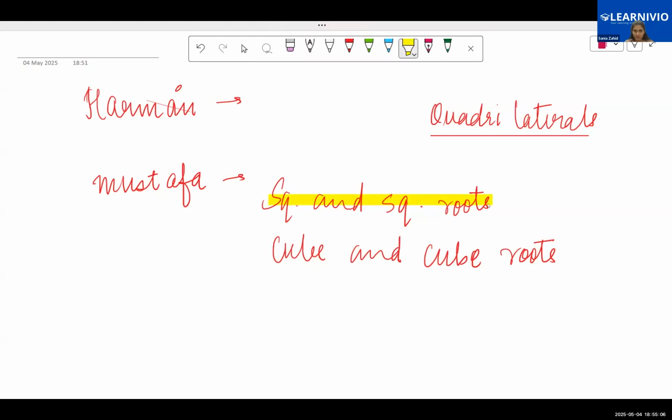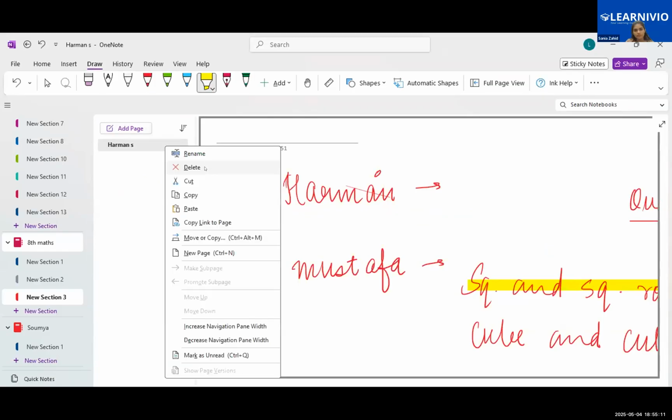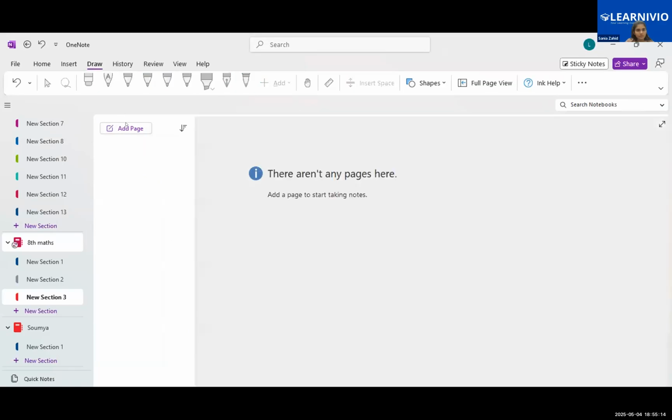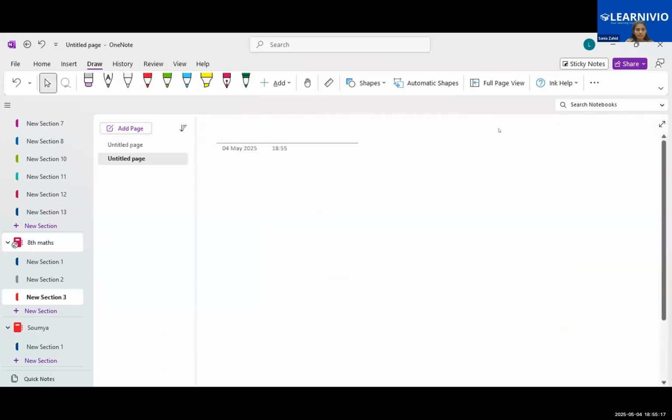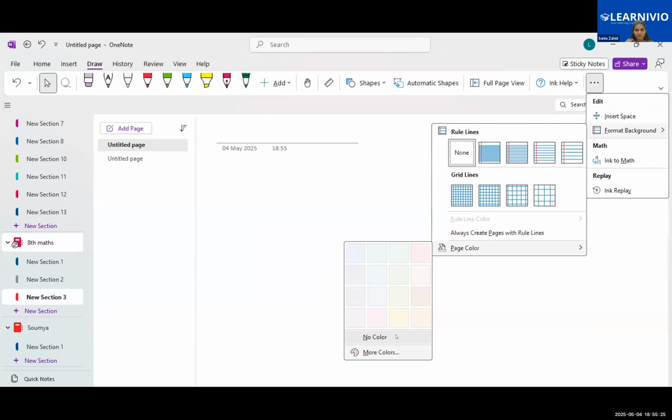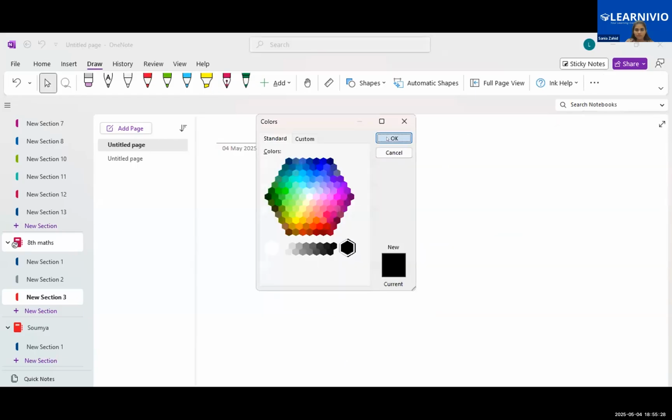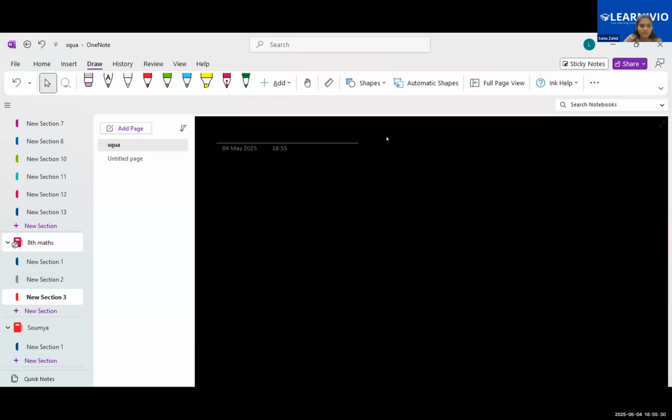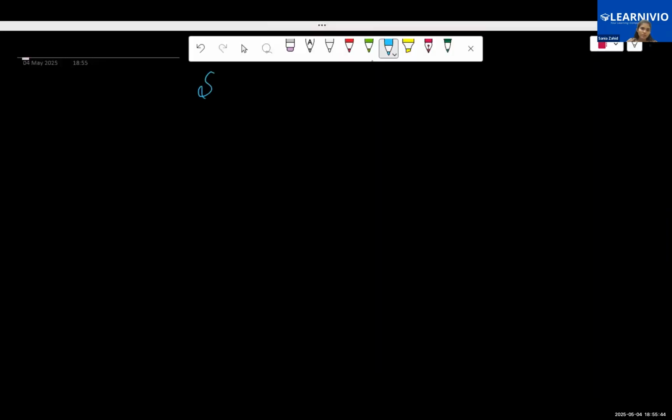So we can start with this lesson today. Okay. So we have the section square and square roots.